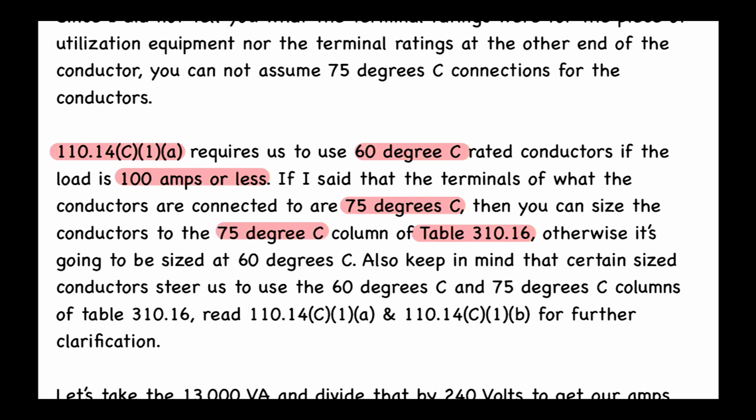Otherwise, it's going to be 60 degrees C. Also keep in mind that certain size conductors steer us to use the 60 degrees C and 75 degrees C columns of Table 310.16. Read 110.14(C)(1)(a) and 110.14(C)(1)(b) for further clarification. These are very important things that you must understand before you start looking at how to size a conductor going to Table 310.16.